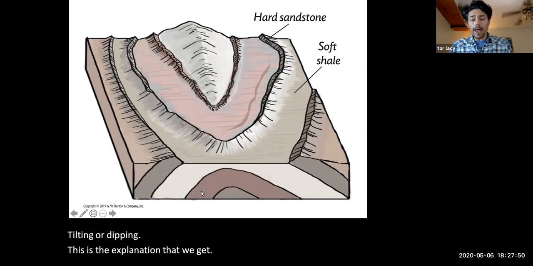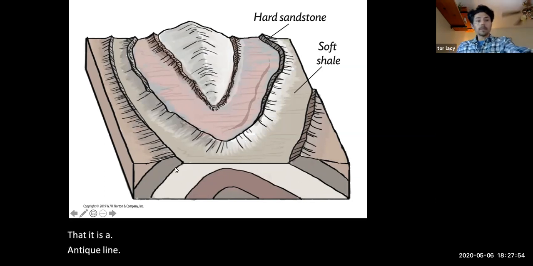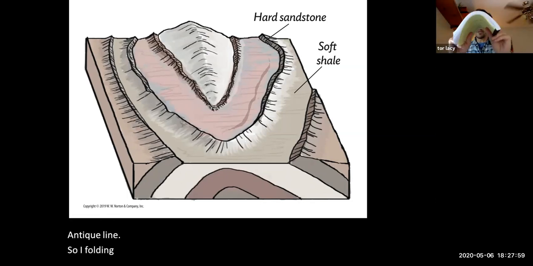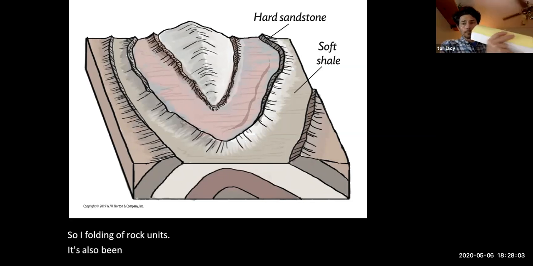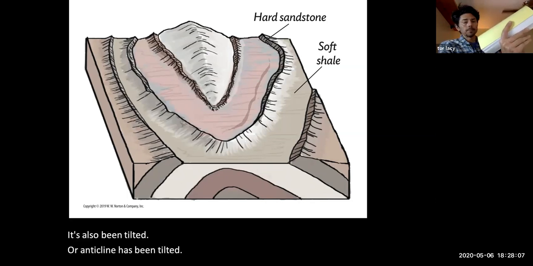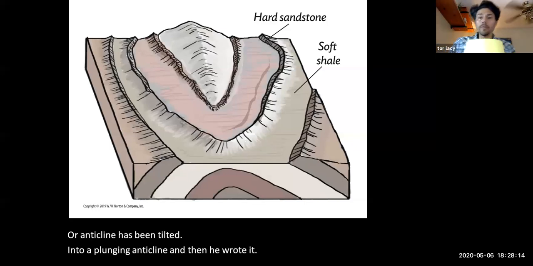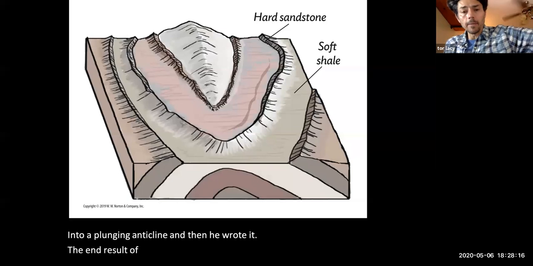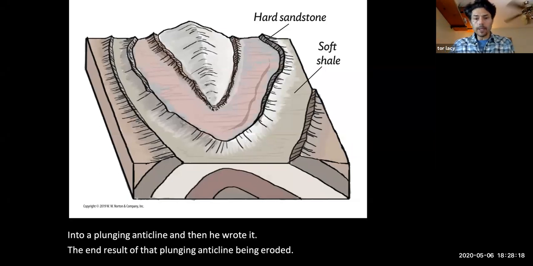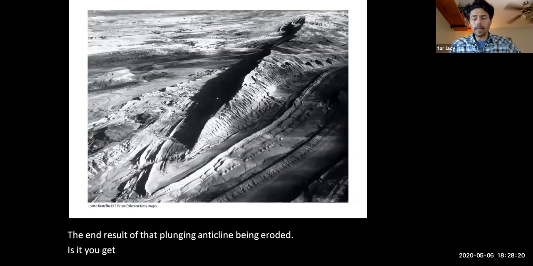That it is an anticline, a folding of rock units, that has also been tilted into a plunging anticline and then eroded. The end result of that plunging anticline being eroded is that you get something that looks like this.